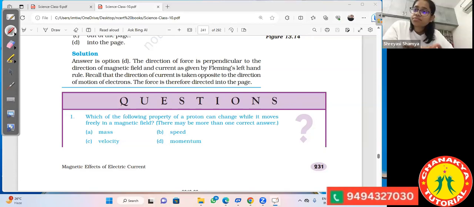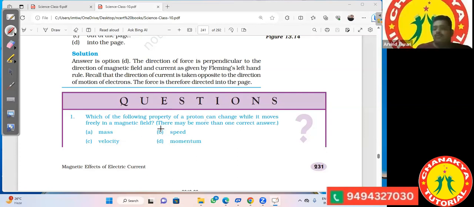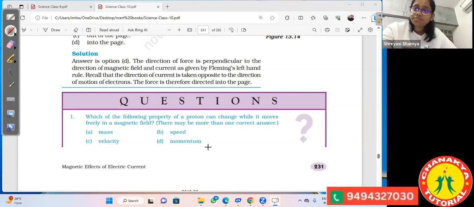Yes, sir. A proton is a charged particle, it carries a charge and it is moving in a magnetic field. So it is like a current flowing in a magnetic field. Therefore, the proton will experience a force, right? And if it experiences a force, there must be an acceleration.